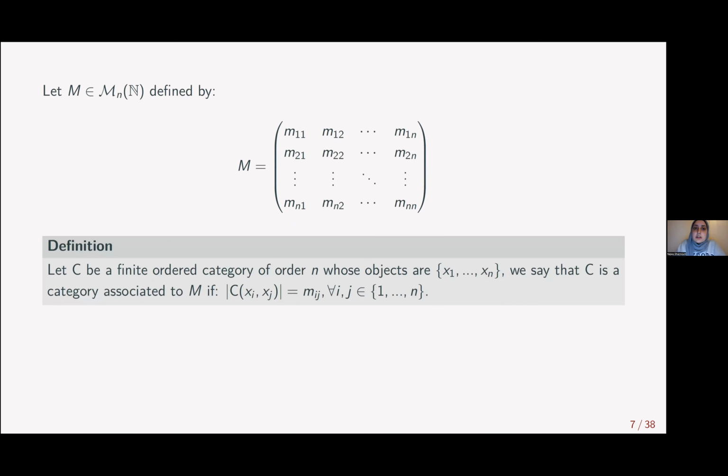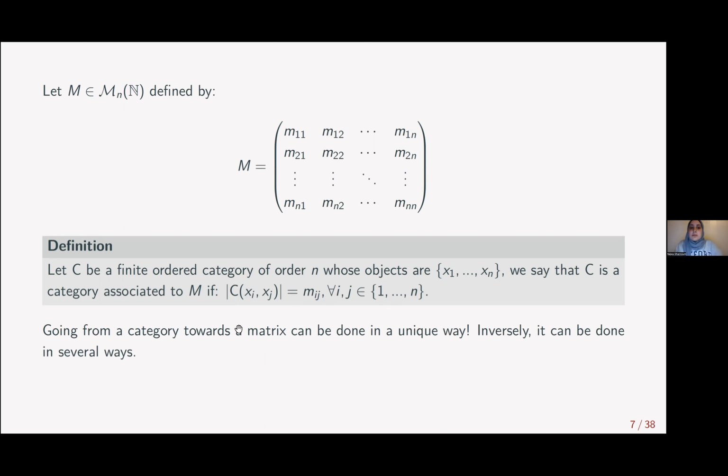And as a general definition, we say that a finite category is associated to a matrix M if the number of morphisms between each two objects in the category is equal to the corresponding entry in the matrix.